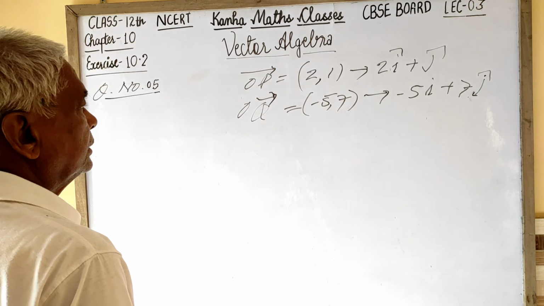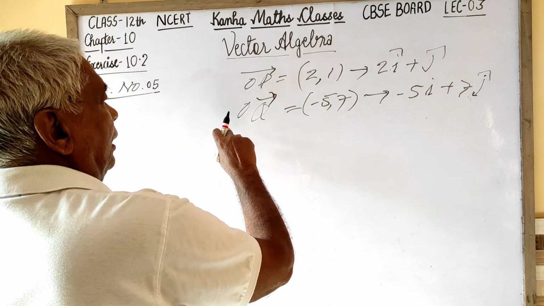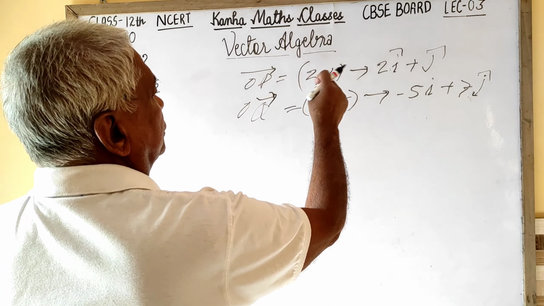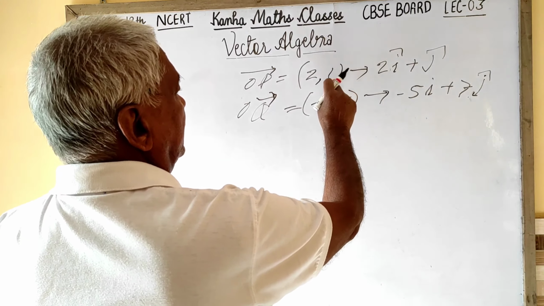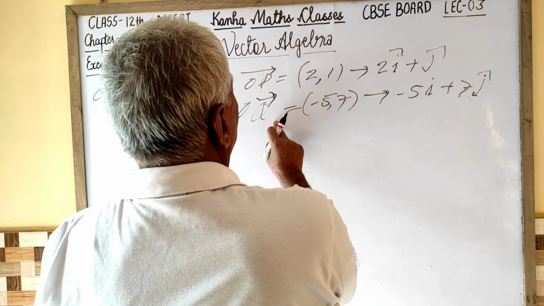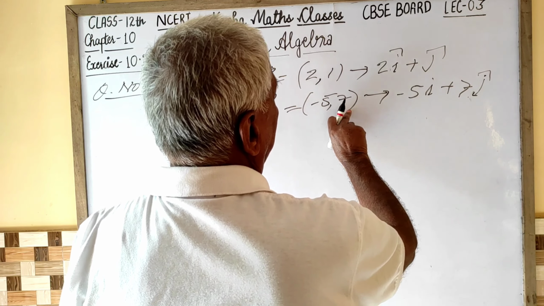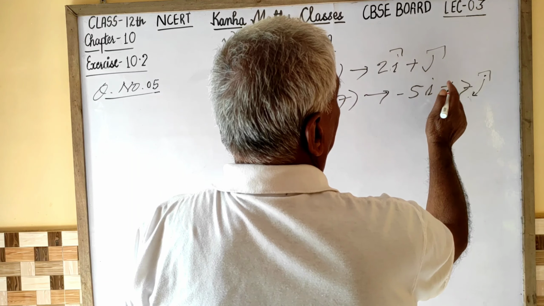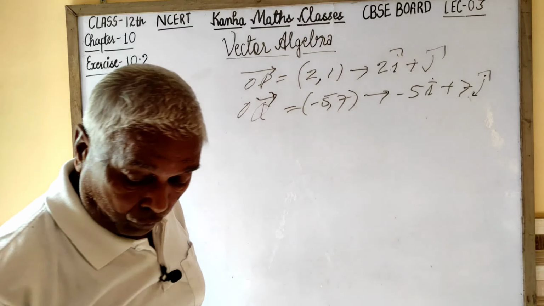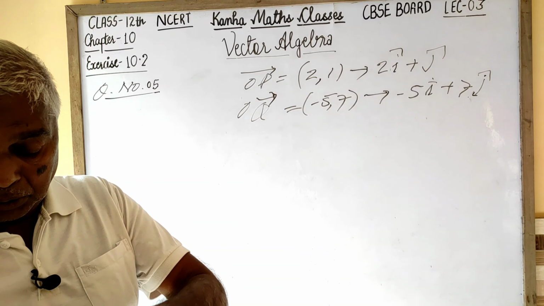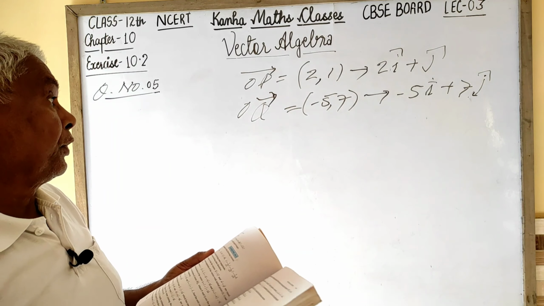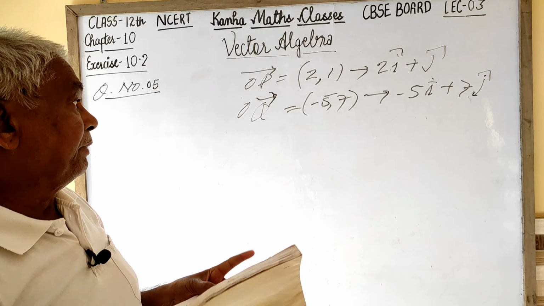It means the position vectors of points P and Q, that is OP equal to 2, 1, we may write in terms of components as 2i plus j, and OQ is equal to minus 5, 7, we may write as minus 5i plus 7j. Question number 5 is to find the scalar and vector components.